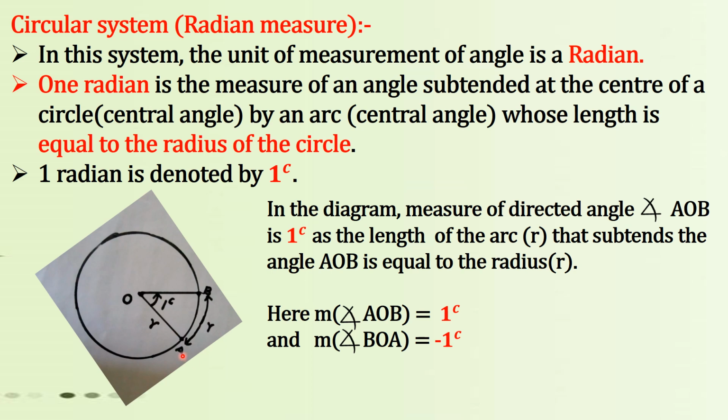So directed angle AOB has the measure 1 radian because the length of the arc AB is the same as the radius R. So the measure of the directed angle AOB is considered as positive 1 radian. And the measure of the directed angle BOA, if you consider the direction as clockwise, is minus 1 radian.